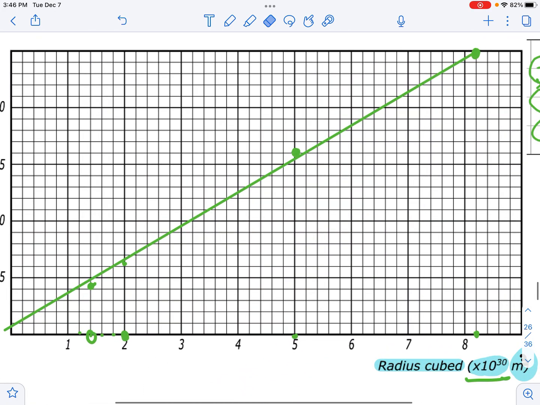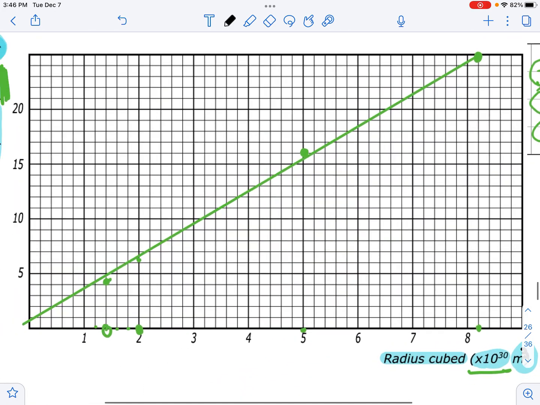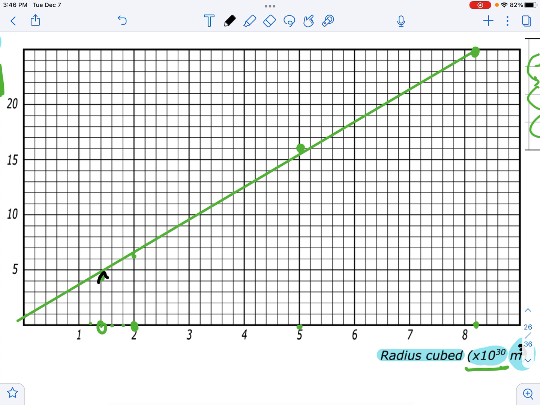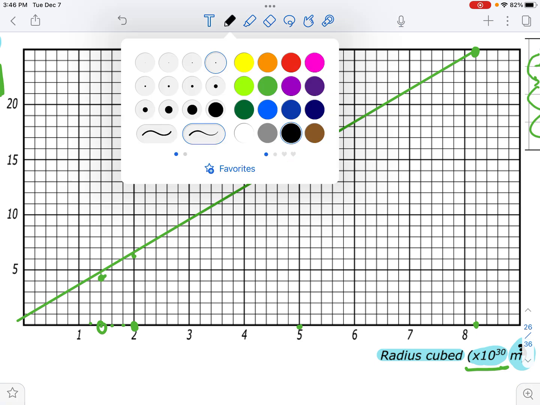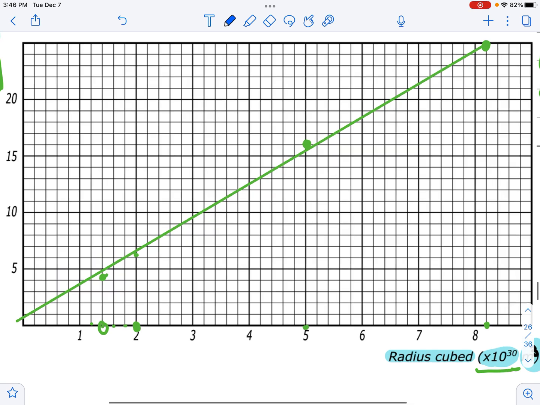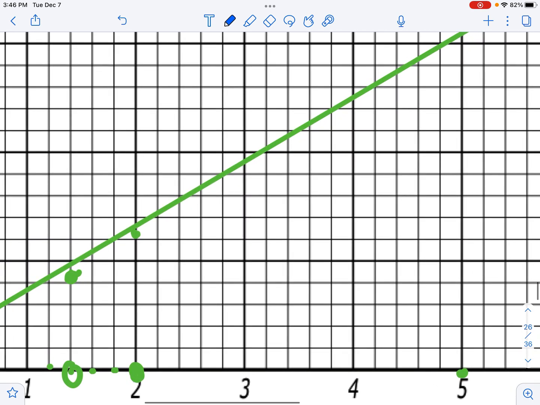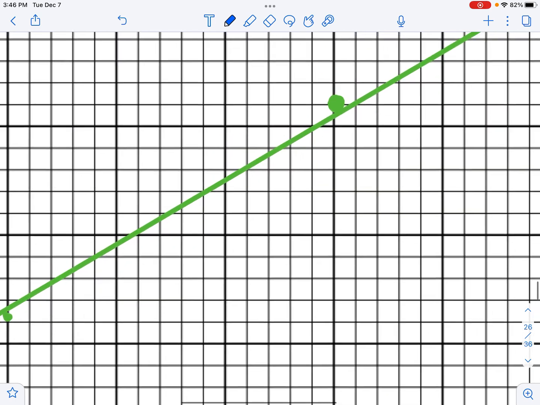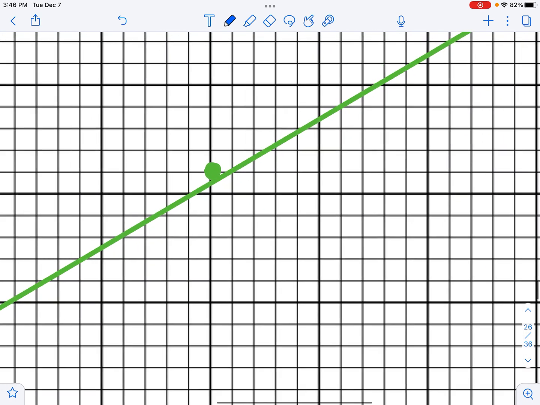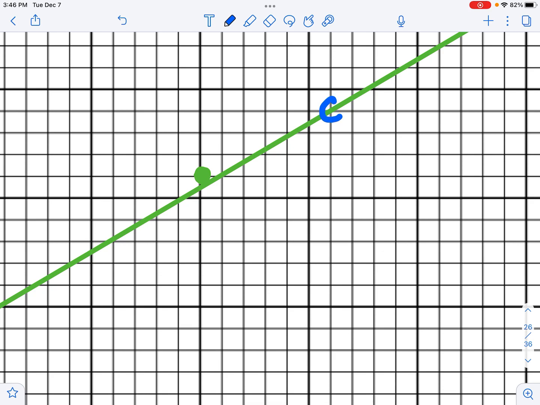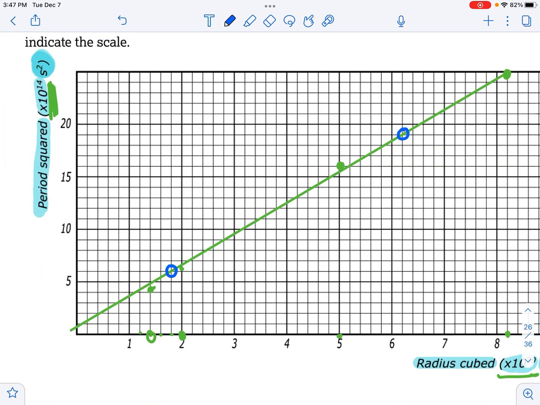First question I'm going to ask you is, should I just use this point right here and this point right here? The answer is a strong no, absolutely not. You spend all this time making a line of best fit. Use it. Find points that show up nicely on your line of best fit and use them.